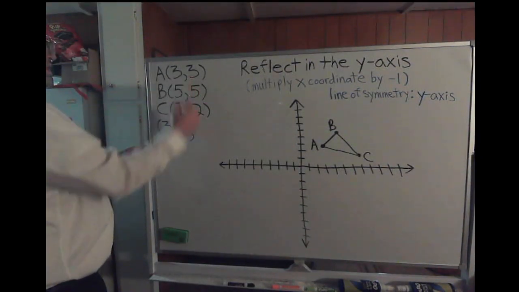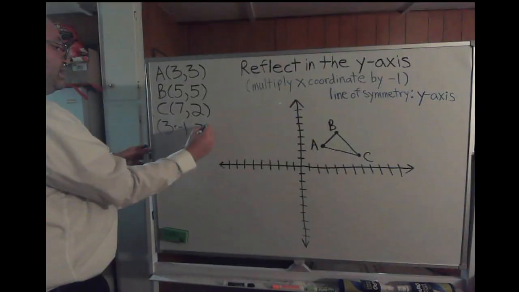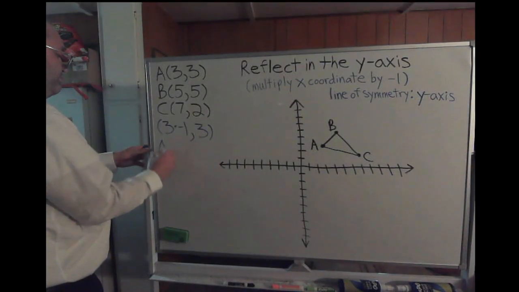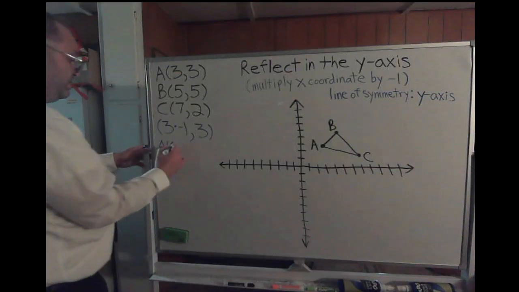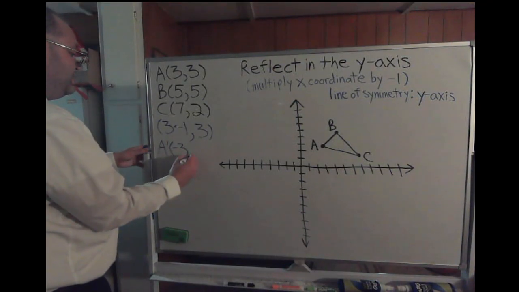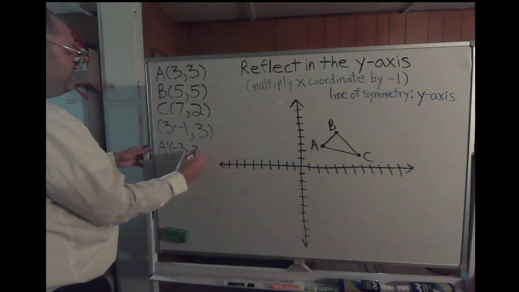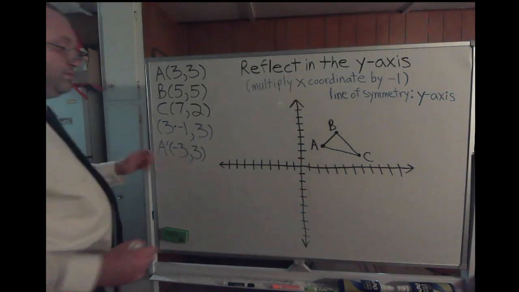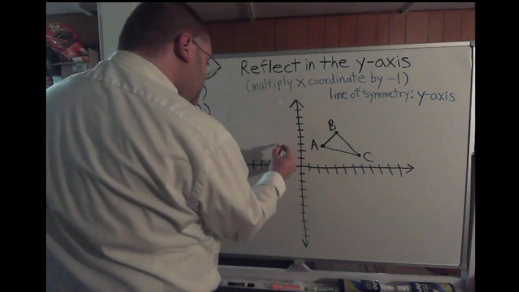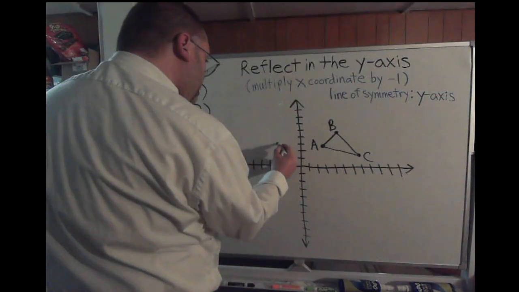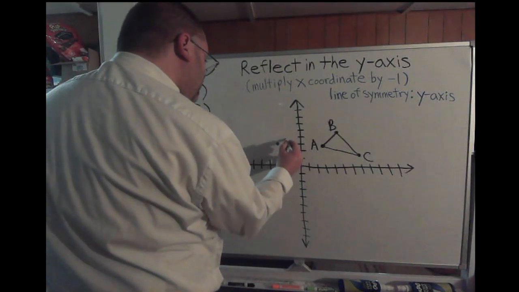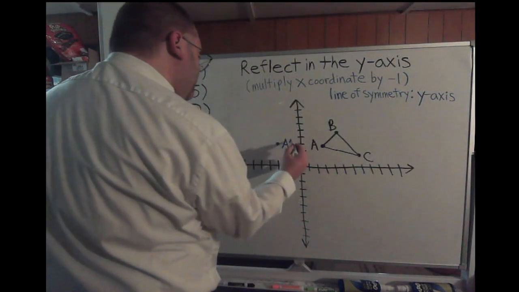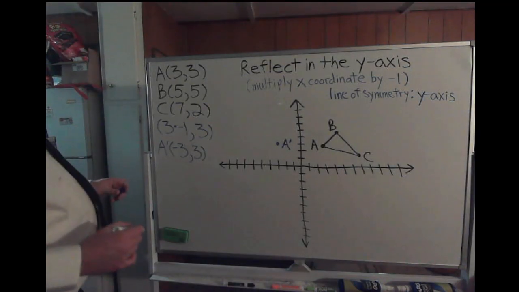You're going to leave your y-coordinate of 3 alone, which means that A prime has x being 3 times -1, that'll be -3. Your y was left alone, that would just be 3. So your A prime is -3, 3, which would be right there. That is your A prime at -3, 3.